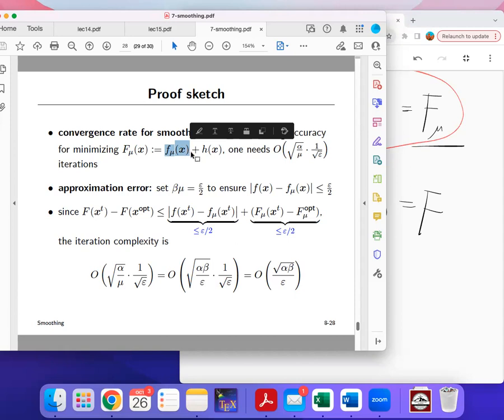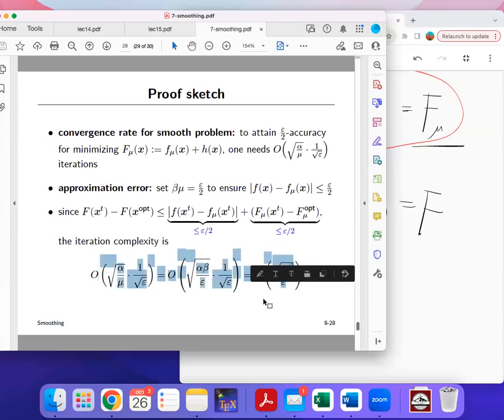If we choose a very large mu, then this problem would be very smooth, a well-conditioned problem, and then the complexity will be relatively low. However, the approximation error will be big, because the approximation error scales as beta times mu. So these parameters are chosen in a way to balance these two errors, and in the end, to achieve this improved complexity.